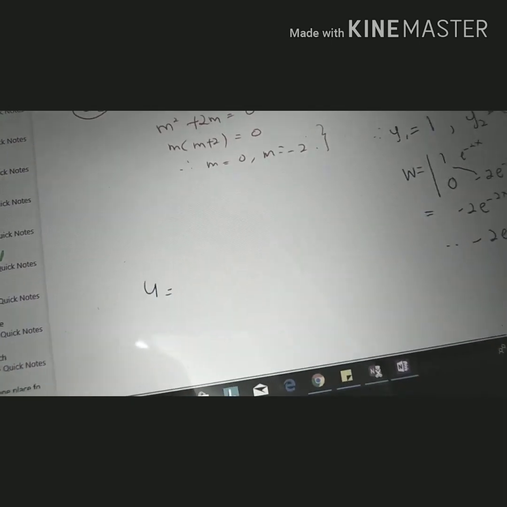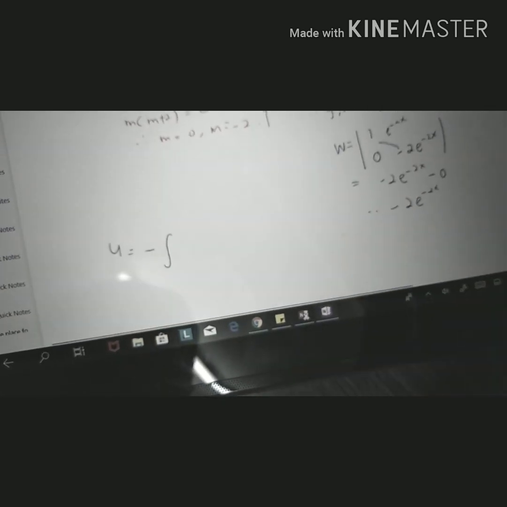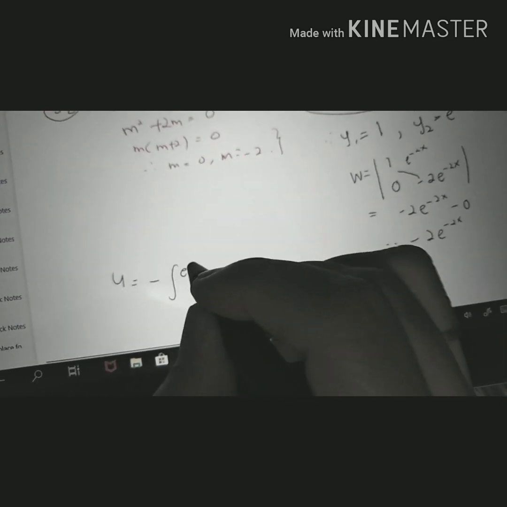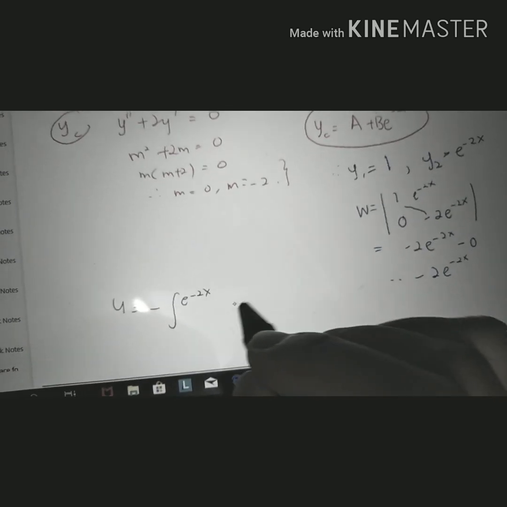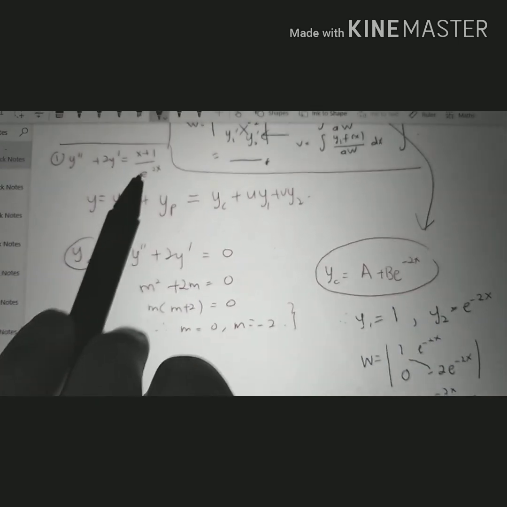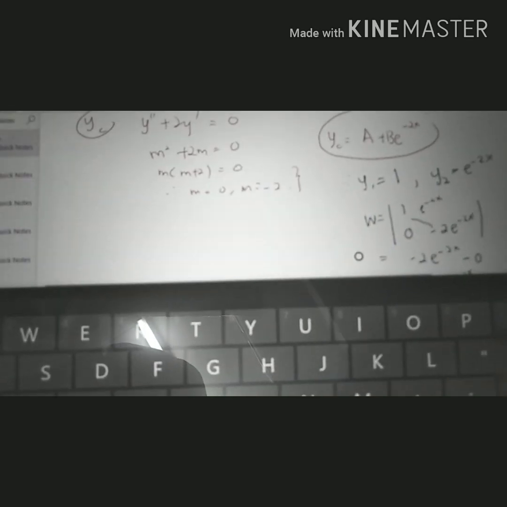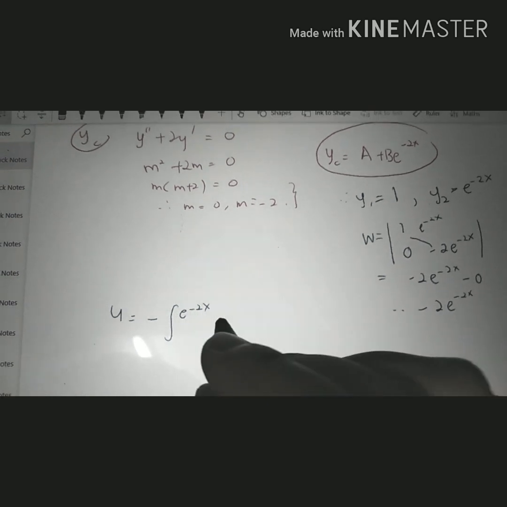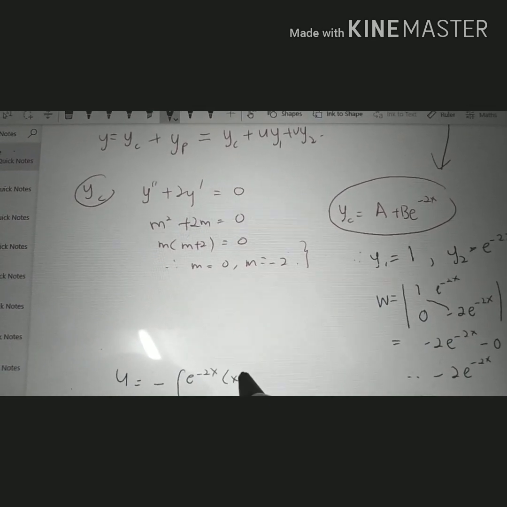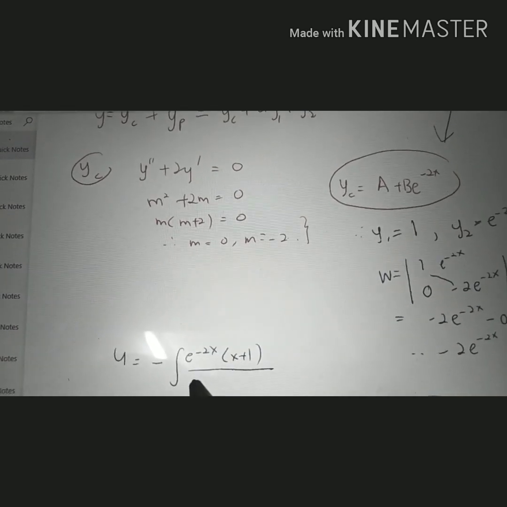Now I already found my Wronskian, and then I can find my u. u is given by negative y2 f(x). What is y2 just now? y2 is e to the negative 2x multiplied by your f(x). What is your f(x)? This is your f(x), x plus 1 over e to the x.